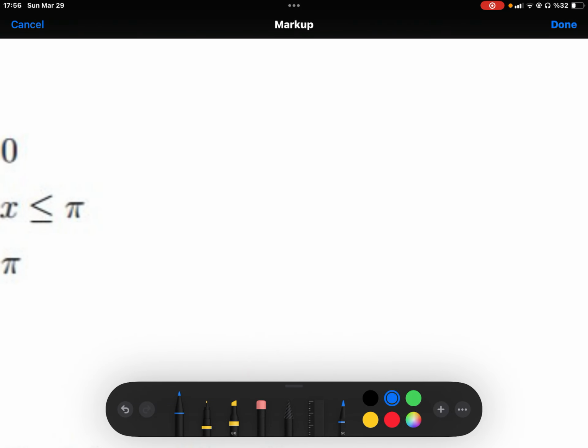Let's start with the graph. x-axis and y-axis. All right.